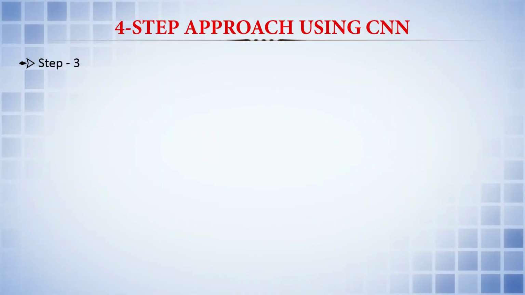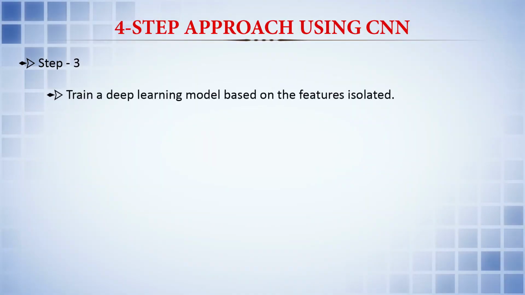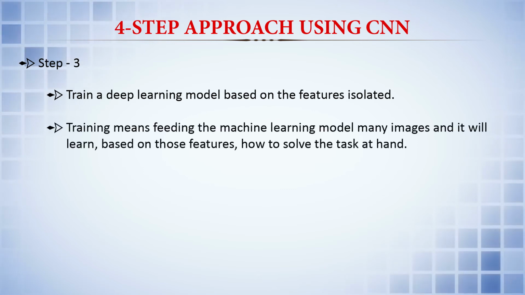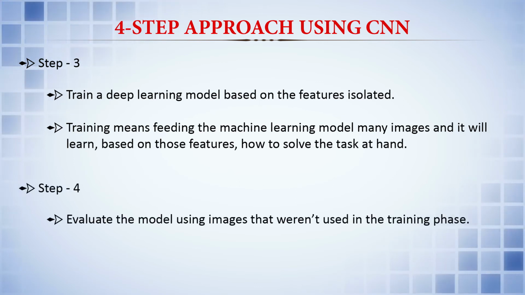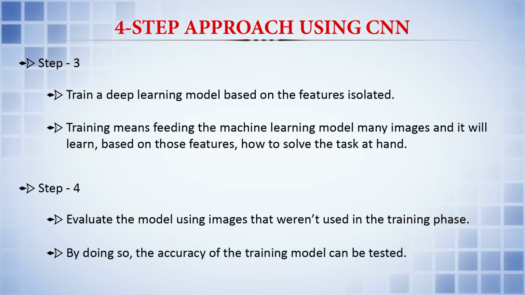In the third step, train a deep learning model based on the features isolated. Training means feeding the machine learning model many images that will learn, based on those features, how to solve the task at hand. And in the fourth step, evaluate the model using images that were not used in the training phase. By doing so, the accuracy of the trained model can be tested.